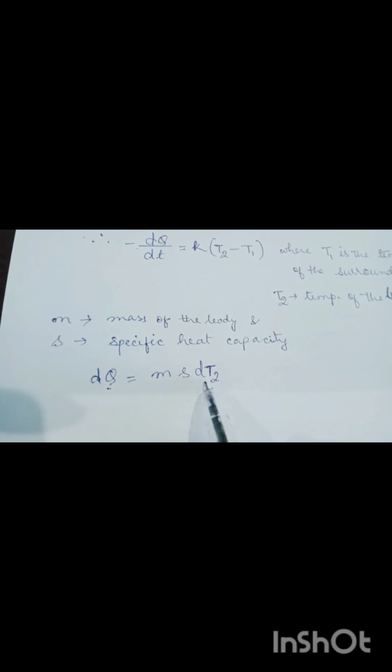So it is a small amount of temperature fall. When a body loses energy, there is a decrease in temperature. So for dQ amount of loss of energy, we take into account the decrease in temperature of the body. So the amount of heat loss is equal to m S dT2.